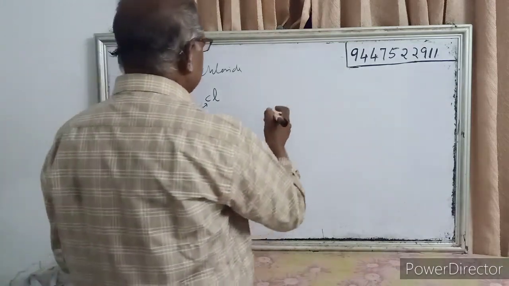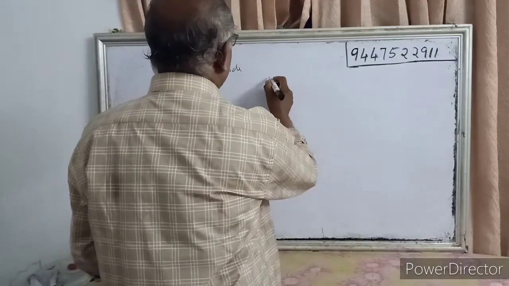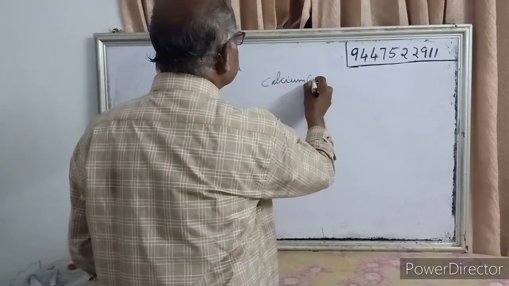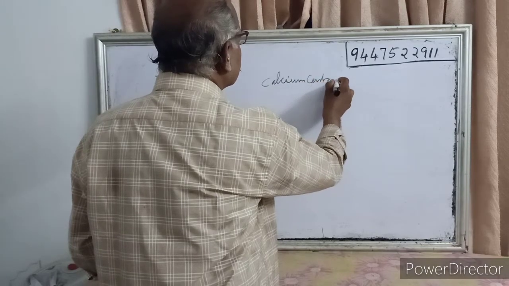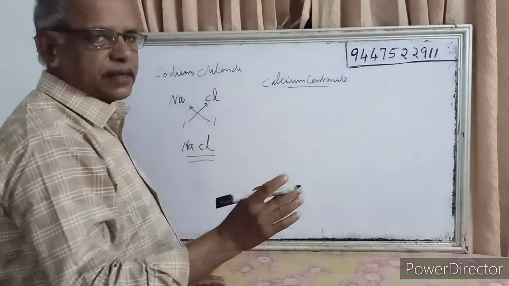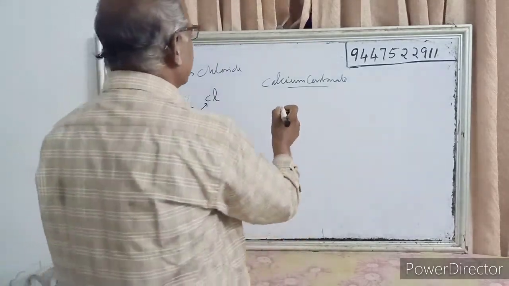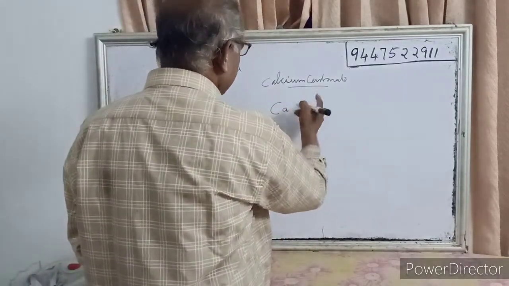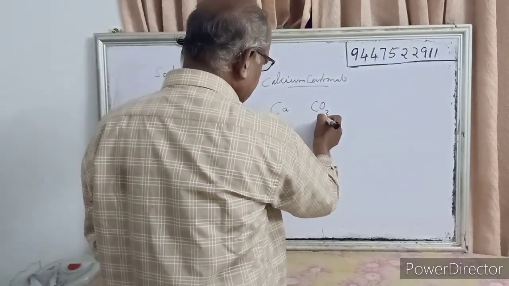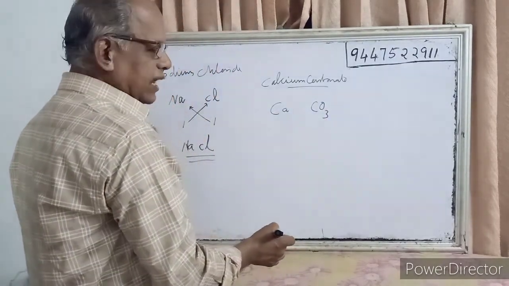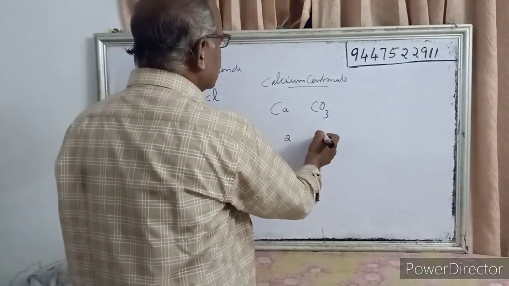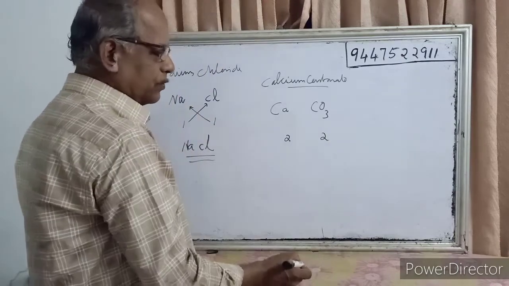Next is calcium carbonate. The symbol for calcium is Ca. Carbonate is a radical, CO3. The valency for calcium is 2 and the valency for carbonate is also 2.